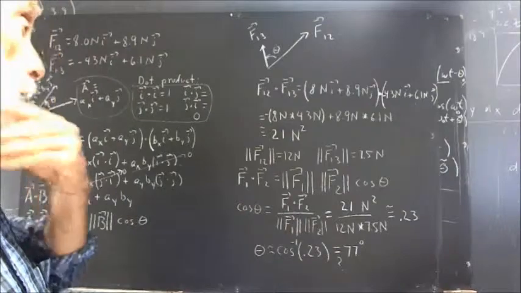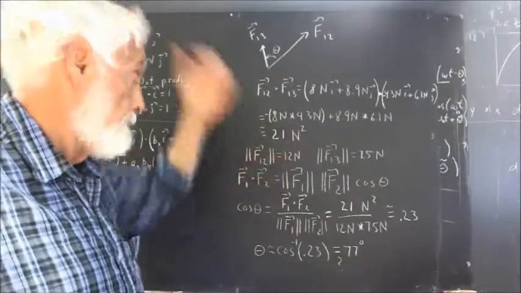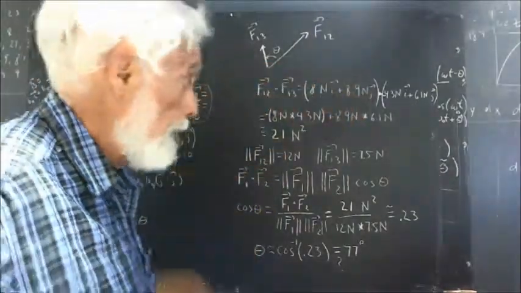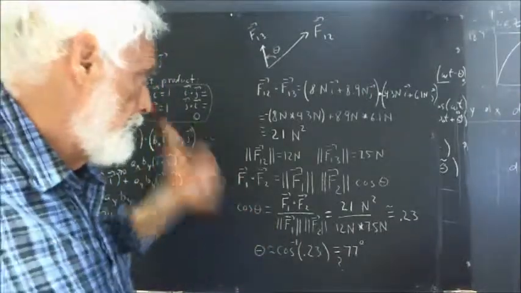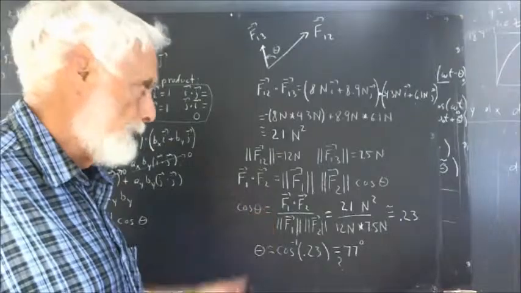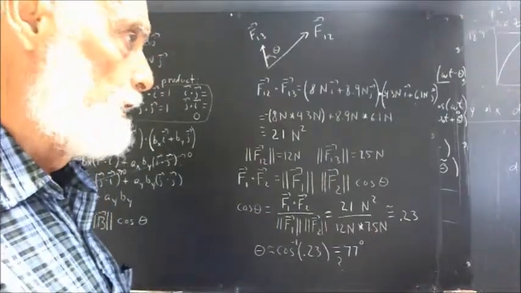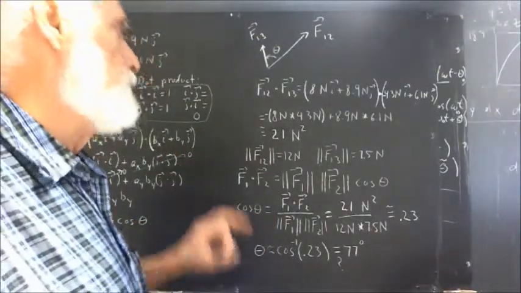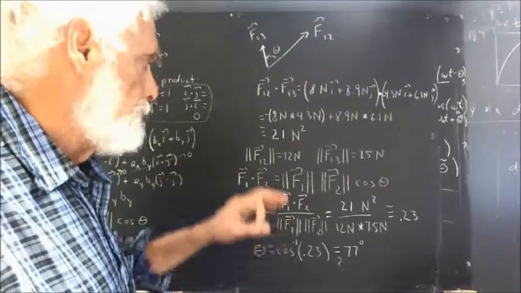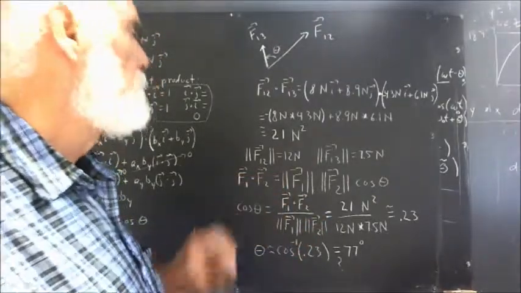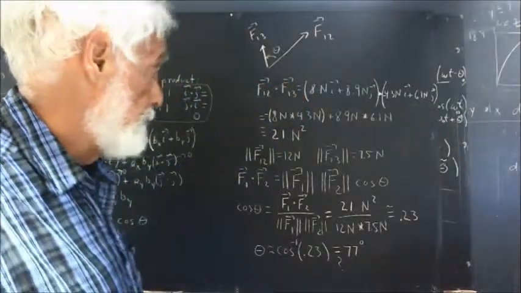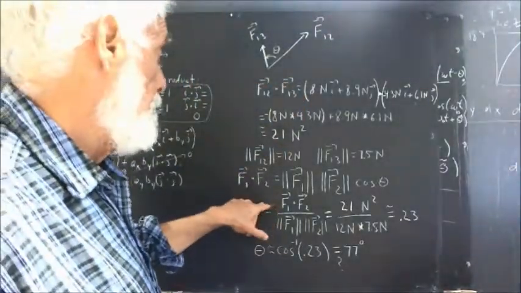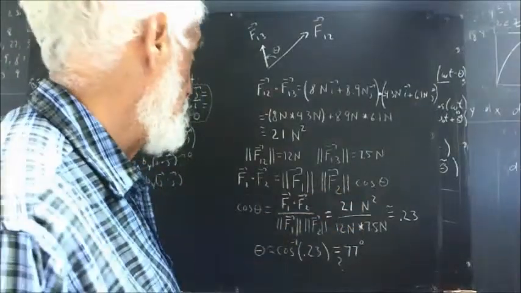The other thing regarding units, and let me just point out that I carried the units throughout all of these calculations, and it's, I think, an important habit to do so. When you stop using units, you stop thinking about what things mean, and you lose all kinds of consistency checks that can reveal errors in your procedure. So, newtons times newtons gave me newtons squared here, so that the F1 dot F2 was in newtons squared.